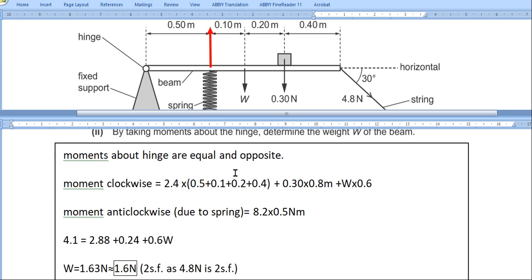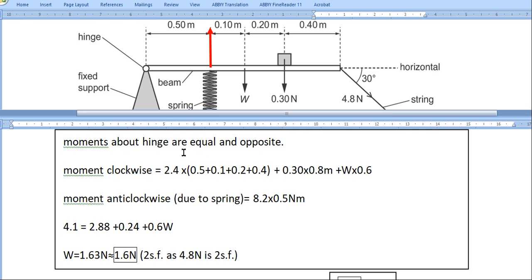This question is done. By taking moments about the hinge, determine the weight of the beam. So moments about the hinge are equal and opposite. Moment clockwise: 2.4, the vertical component of the tension in the string, times its distance, plus the moment produced by the 0.30 Newton block, plus the moment produced by weight W. This is the moment clockwise, and the moment anti-clockwise is only due to the spring.